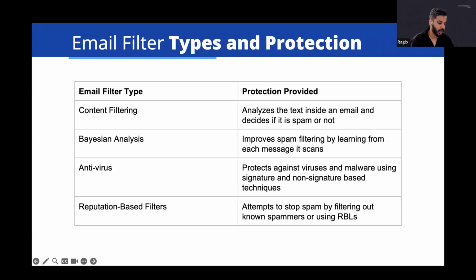Sometimes you order something from a small business, and you will see that email might end up in spam because that company doesn't have that big of a digital presence, right? So that can also come into play. For example, if you buy something from Amazon, 99% of the time it will end up in your inbox and not in spam, right? So there is that as well. So reputation-based filtering works both ways.